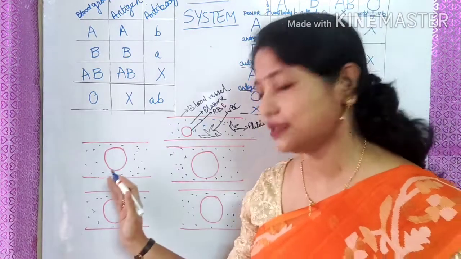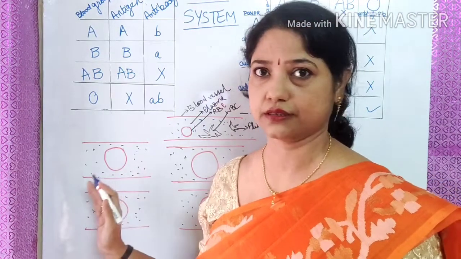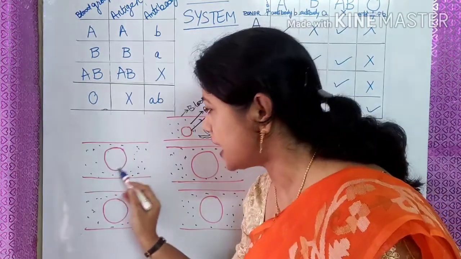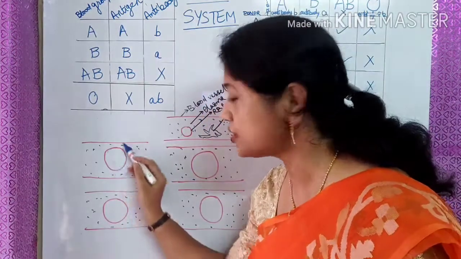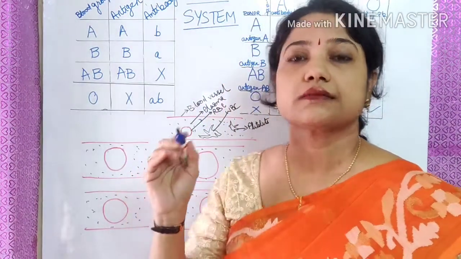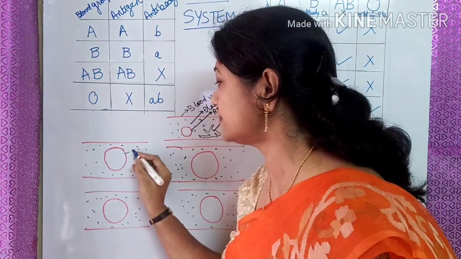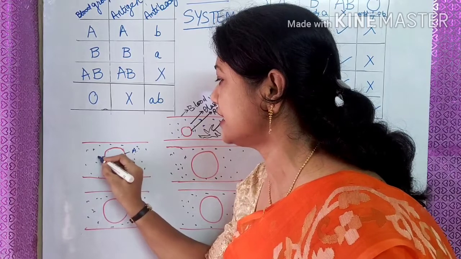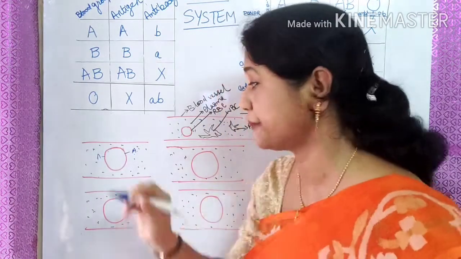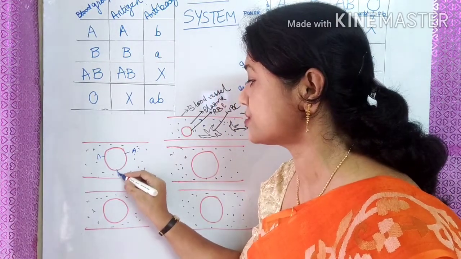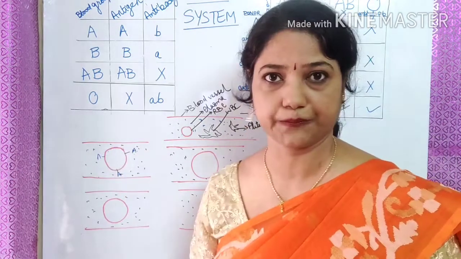Now let us see a blood vessel of a person on whose RBC antigen A is present. These are proteins, remember, present on the walls of this RBC.